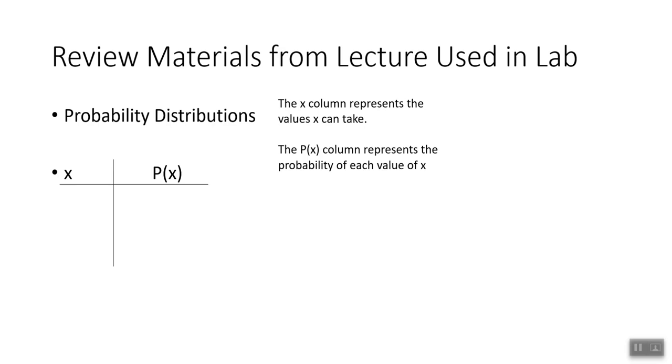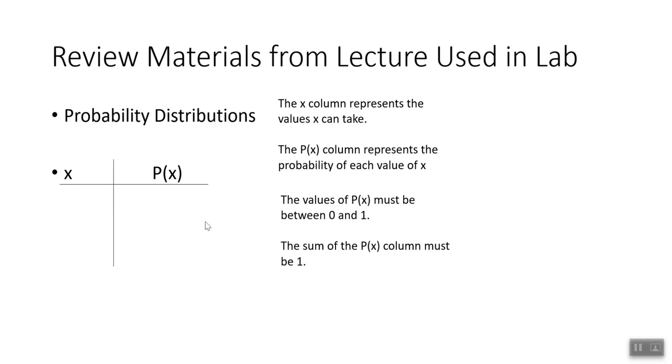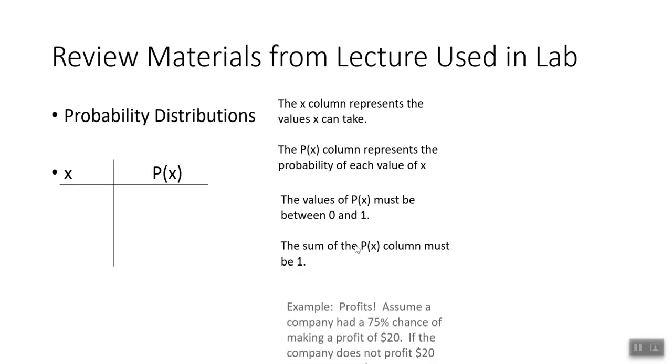P of X represents the probability of each of these values. The values of P of X must be between 0 and 1. So every number in your second column over here must be between 0 and 1. And the sum of the column must equal 1. When you add up your probabilities column, it must sum to 1.